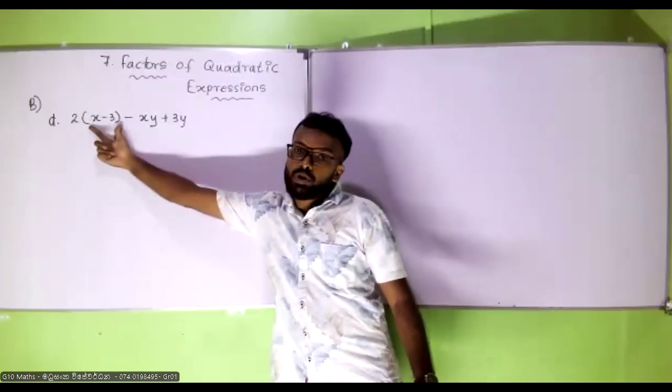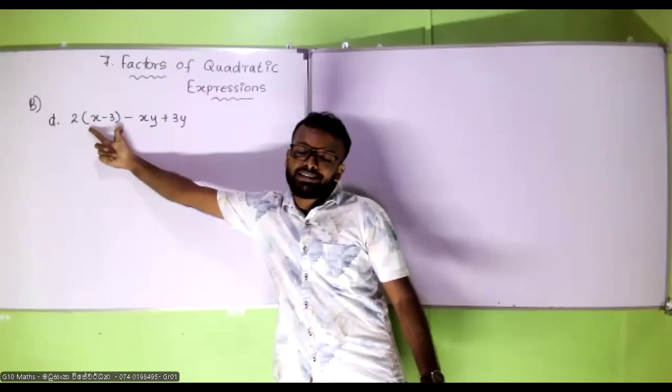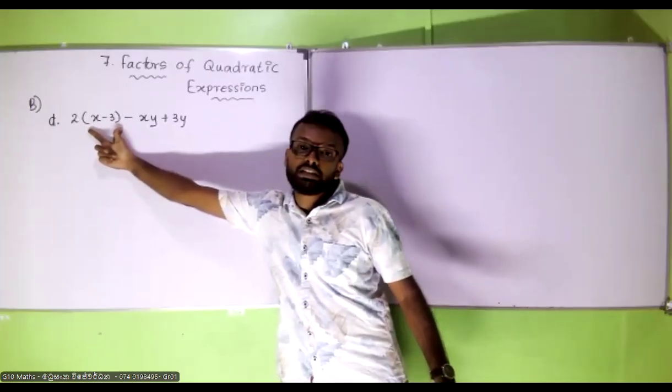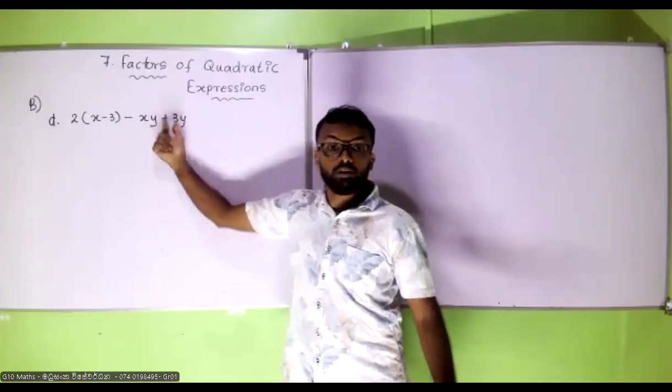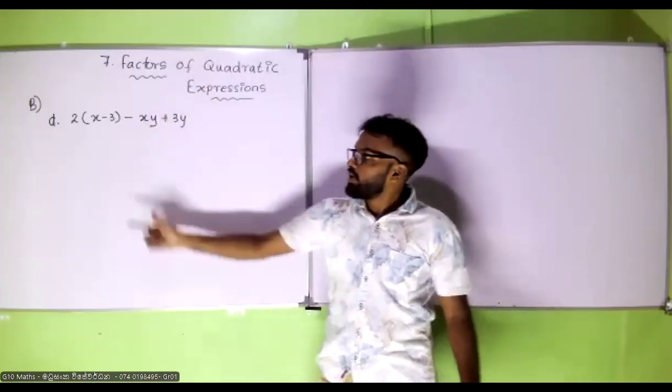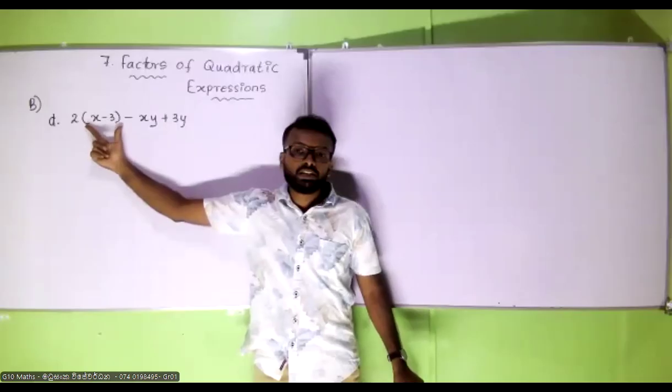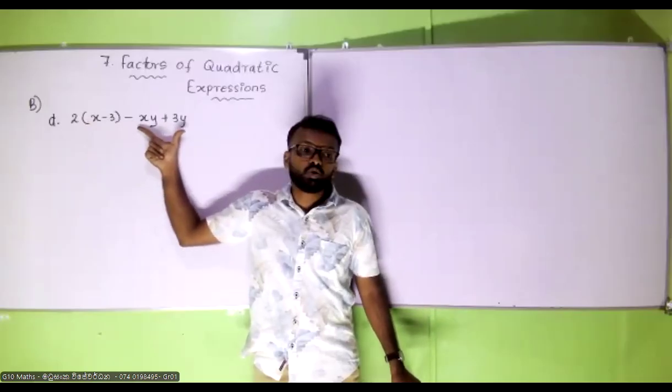So here you have x minus 3. Now you can prepare this x minus 3 here by using the previous knowledge. You can prepare this x minus 3 here by using these two terms.